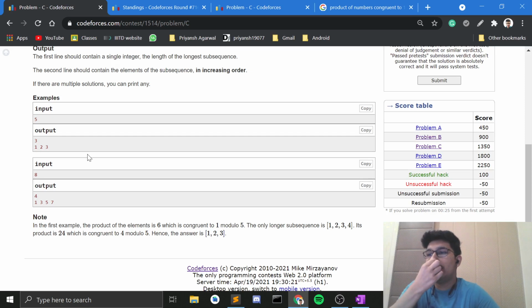So you can always include this 1 everywhere. All you need to do is find the other numbers. So let's say you decide to choose 3 here.